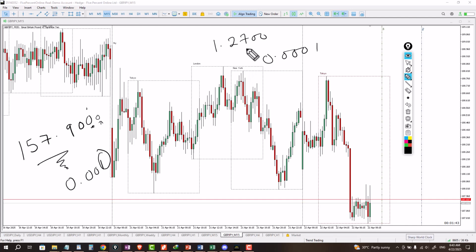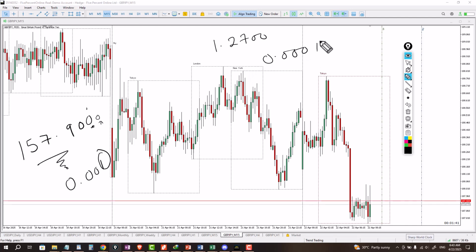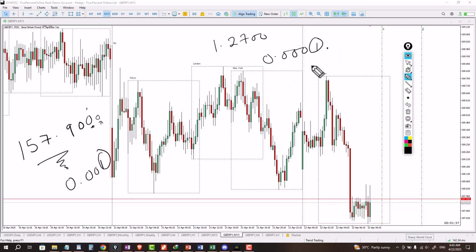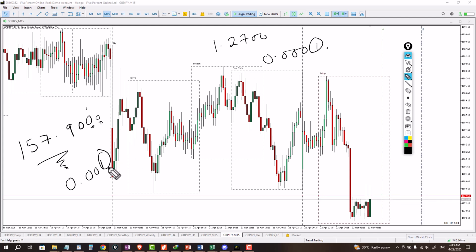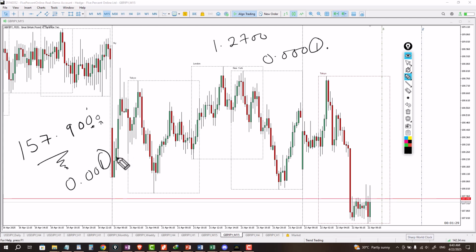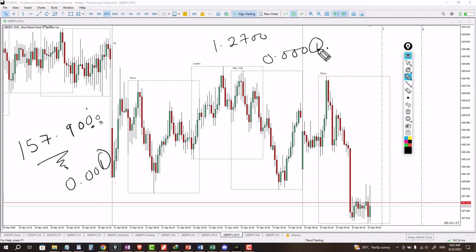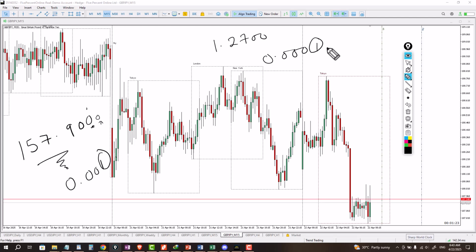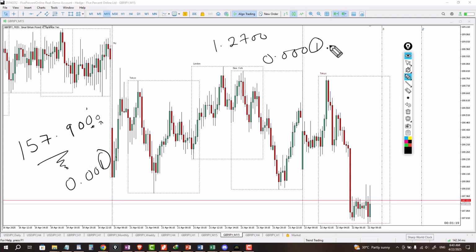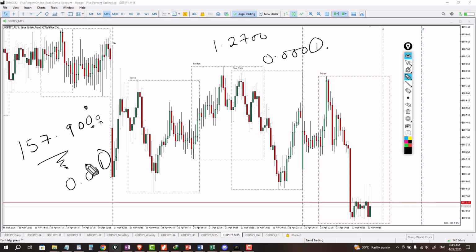Okay? This is what is going to be 1 pip for this particular currency pair, while a pipette is going to be a change in the fifth decimal place. For a pipette, for this particular currency pair, which involves Japanese yen, is going to be a change in the fourth decimal place, while for regular United States dollar quoted currencies, that's going to be the change in the fifth decimal place. Okay? So a pip is the change in this particular figure.